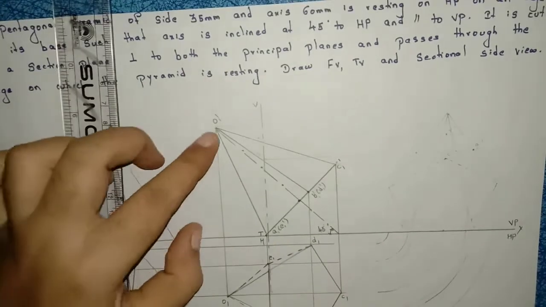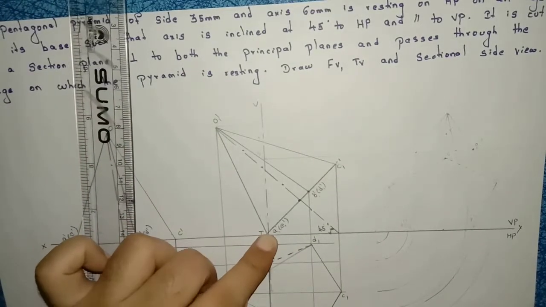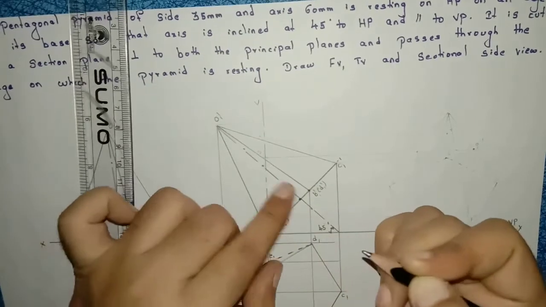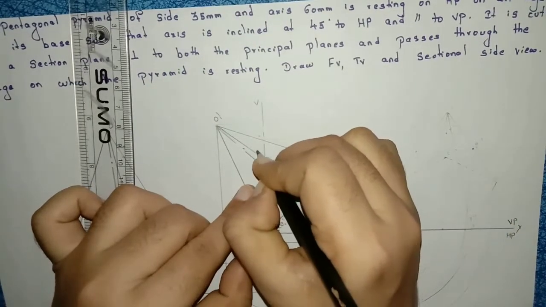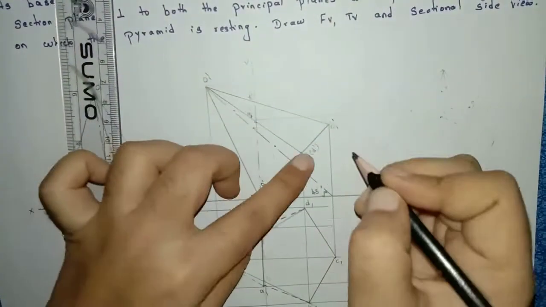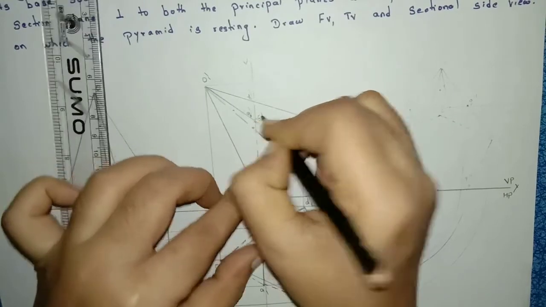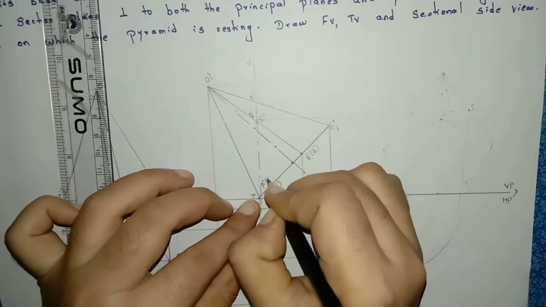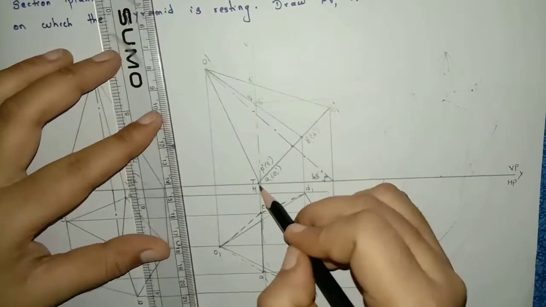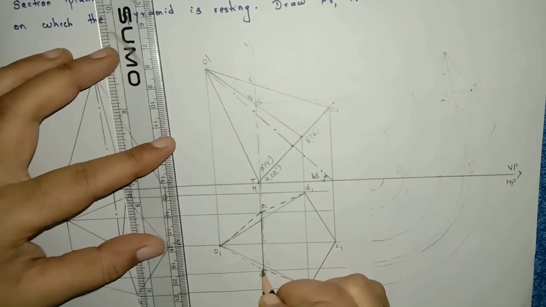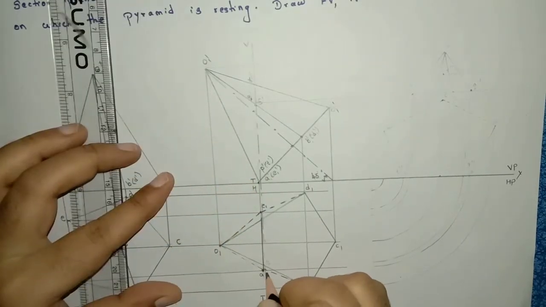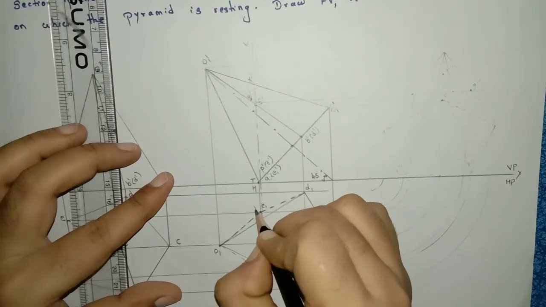Now sectional plane is touching at A point, name it as P dash, for B point Q dash, for C point R dash, for D point S dash, for E point T dash. Right, so in the same manner, A point is P1, E point is T1.